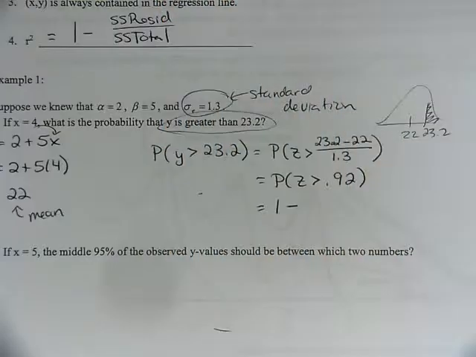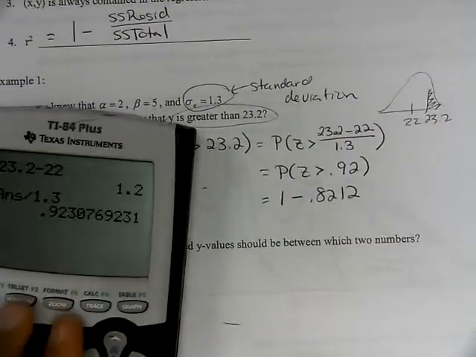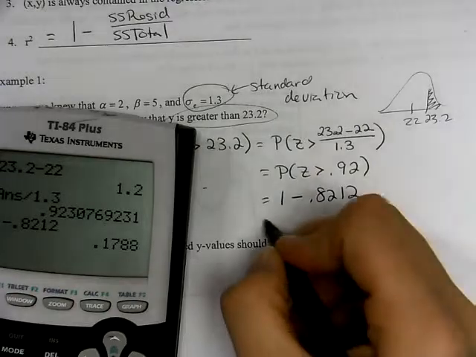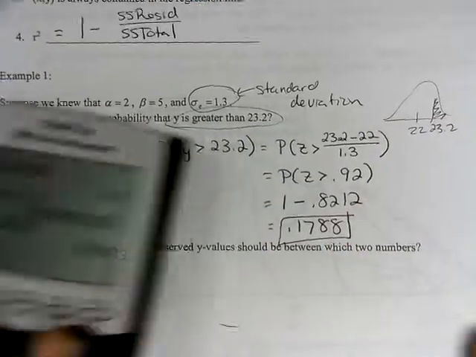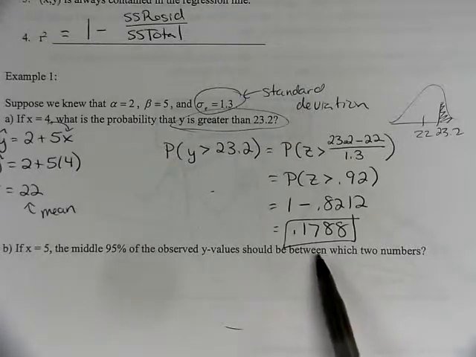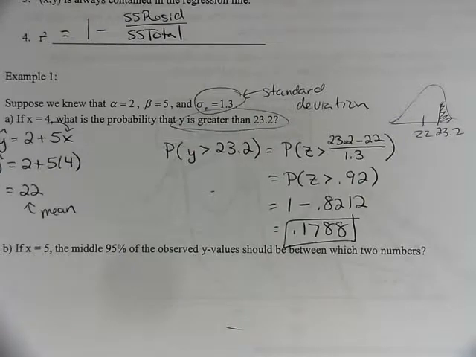It's .8212, so 1 minus that is .1788. So if we all went out and did individual lines, and I got a y greater than 23.2, the probability of that happening would be 0.1788. So not too off.